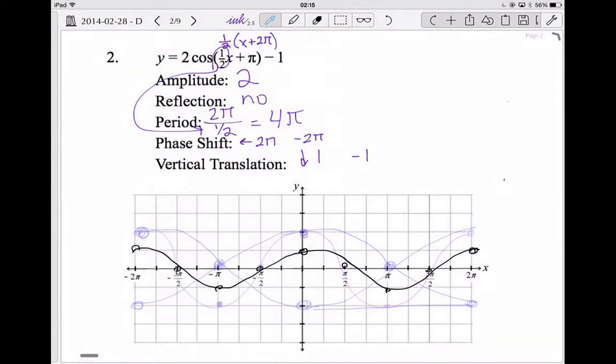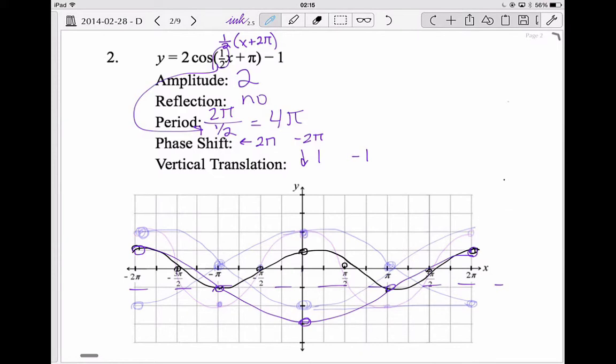And then last but not least, I've got to go down one whole space. So my new center line is there. And my graph now looks like that.